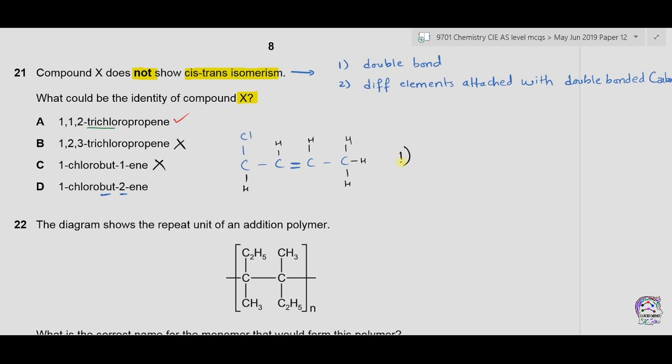First condition is met as there is a double bond. For second condition, 1 is hydrogen, 1 is this, 1 is hydrogen, 1 is this. So we can see both the carbon atoms, this one and this one, have different types of elements and compounds attached. So therefore both conditions are met. So it is an example of Cis-Trans isomerism. So the only possible option is A.